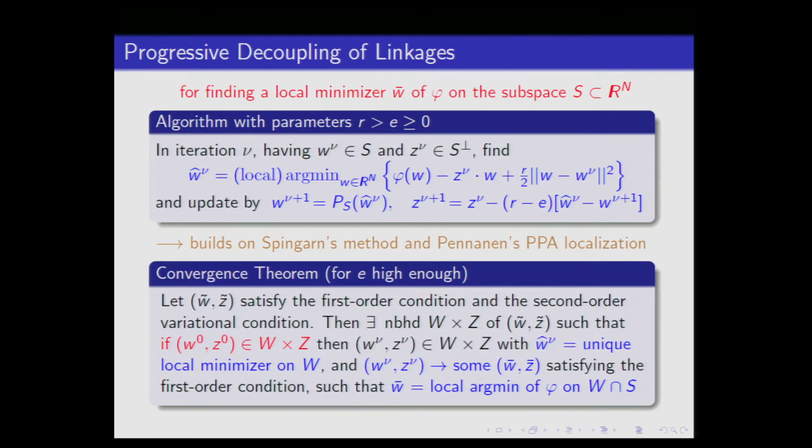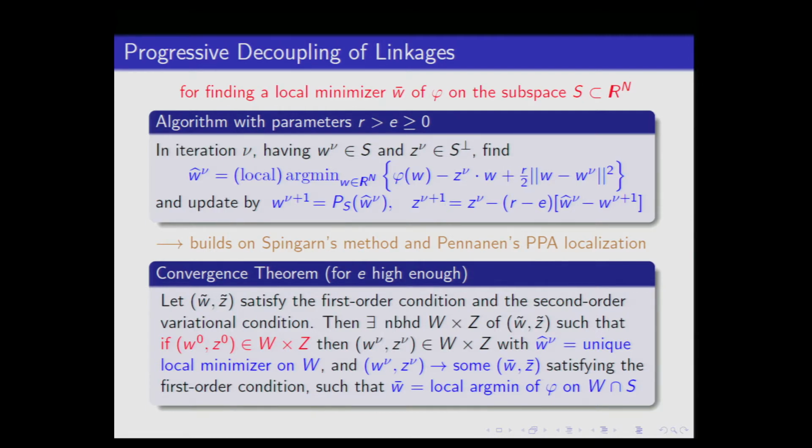If I initiate it in there, then forever it will stay in there if I'm careful. And what I can guarantee is there's a neighborhood W here that's fixed. And on that neighborhood, the things I have will always have unique local minimizers.